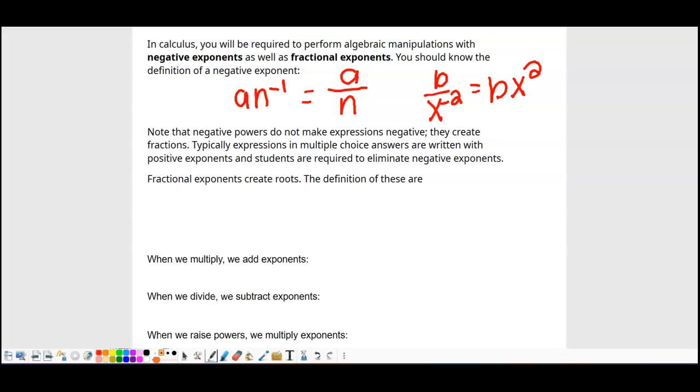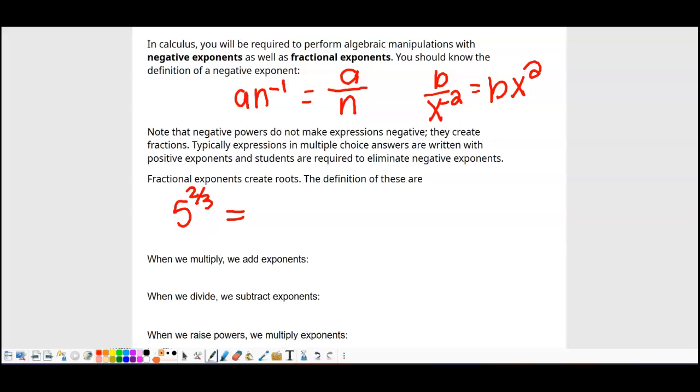Fractional exponents create roots. So at the beginning, the first example you did was 5 to the 2/3. So that is what we call a fractional exponent. That is a rational power. So that means it's not polynomial if this were a variable, but it also means that that's equivalent to a root.